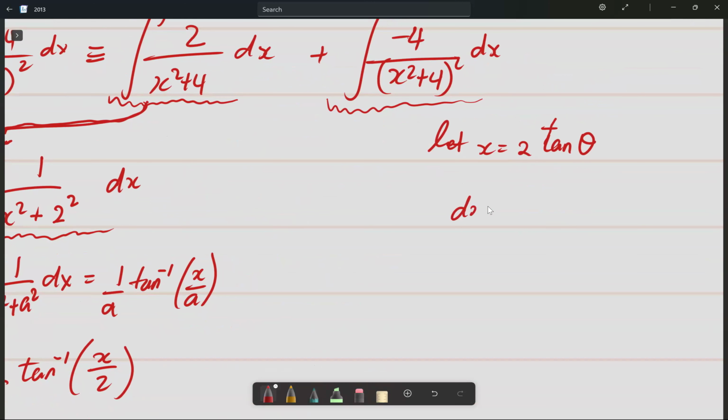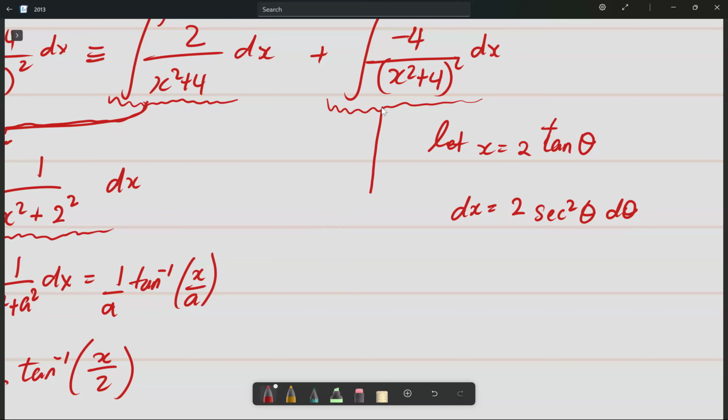And you're going to have dx then is going to be 2, the derivative of tan is secant squared theta d theta. Okay, then we can continue the journey.